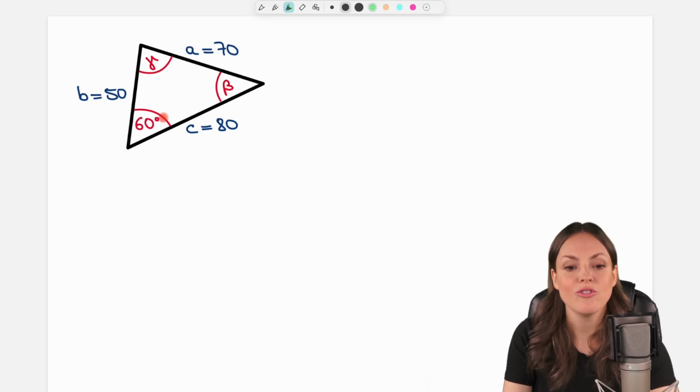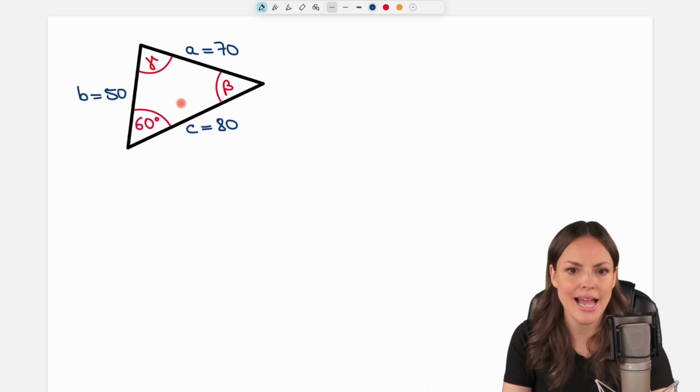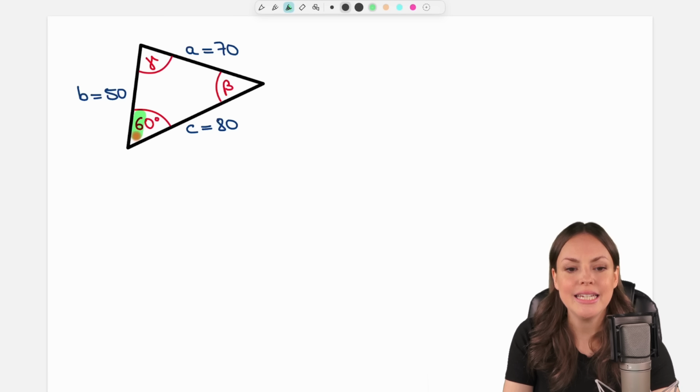Or because we've just found one other angle, we could also use the simpler law of sines now to find beta. So we need an angle for this law in our triangle, and the side that lies across this angle. Both things are given, and these two form a group.